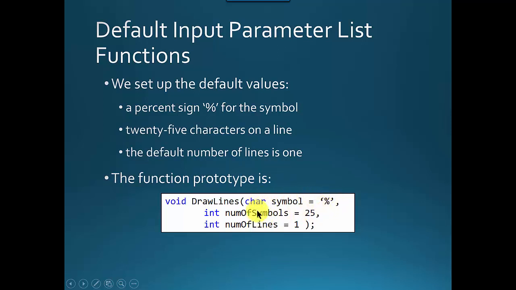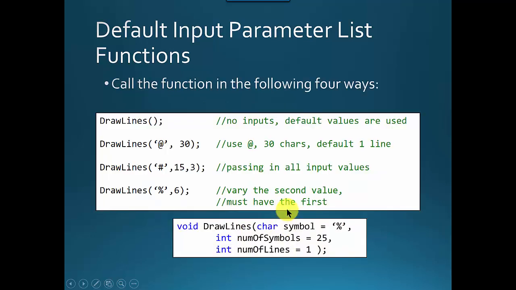And if the call to the function does not include num of symbols, 25 will be used. And if the number of lines is not provided, then 1 will be used. And so this function can be called multiple ways. We can see here we have a function call where no input parameters are provided, and in that case all the defaults will be used. It'll be percent, 25 symbols and 1 line.